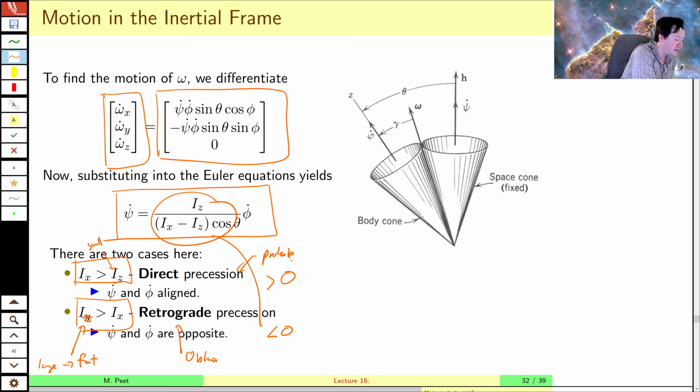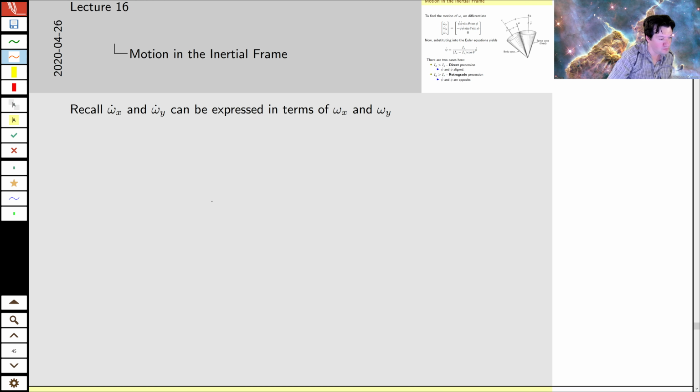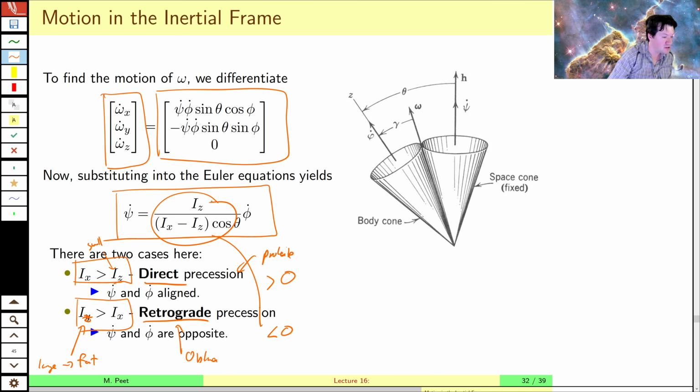And that's why these are called direct versus retrograde. It's because the Euler rates in the inertial coordinate system are precessing in the opposite direction. So this rate, and that rate. If these things need to rotate in opposite directions, that's the prolate case, and if they rotate in the same direction, that's the oblate case.